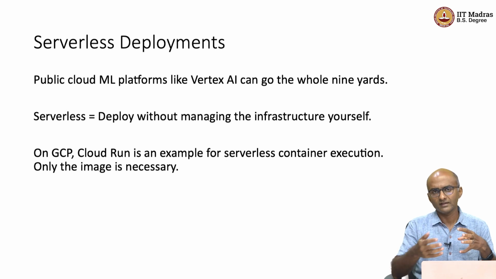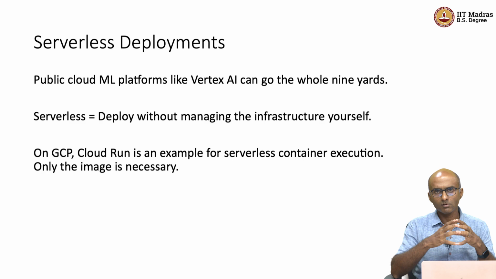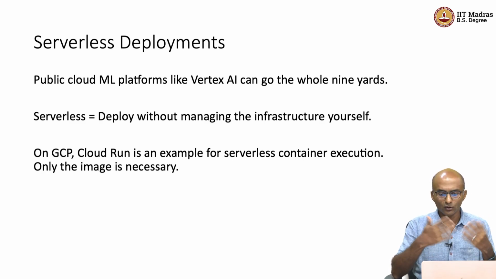In a true serverless setting, on GCP, for instance, that service would be called Cloud Run. We wouldn't even worry about creating a cluster. Services like Cloud Run provide completely serverless container execution.